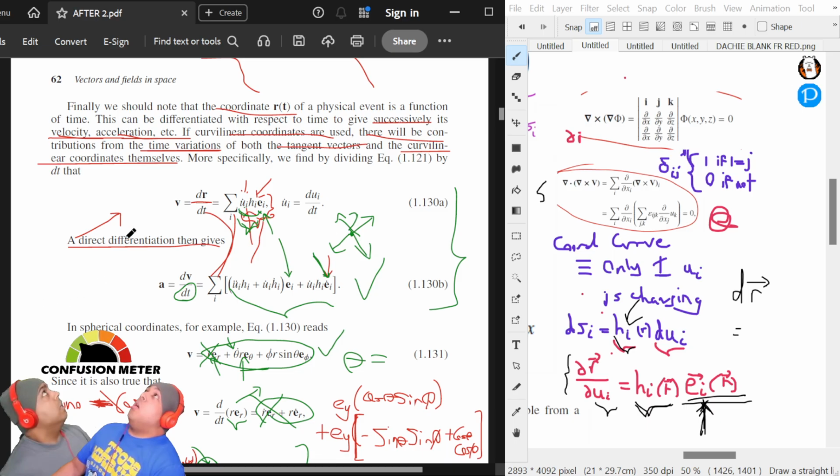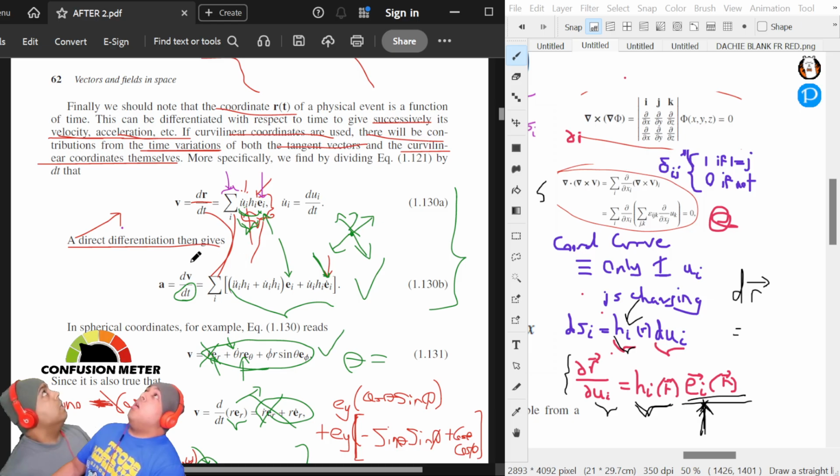Let me zoom out a bit. Velocity equals the change in the position vector over time, which is, okay, this is one direction here, but when you sum it up, you'll end up with three directions. So it doesn't point in one particular direction, it points in a combination of all.